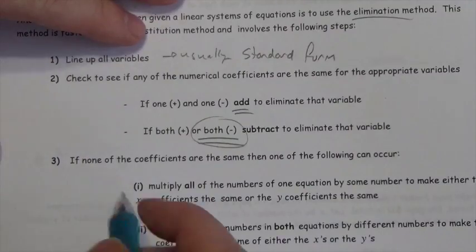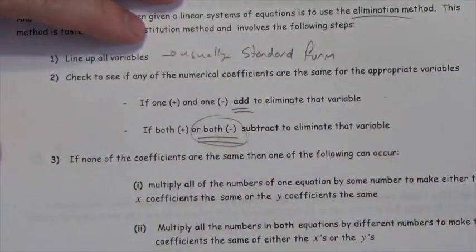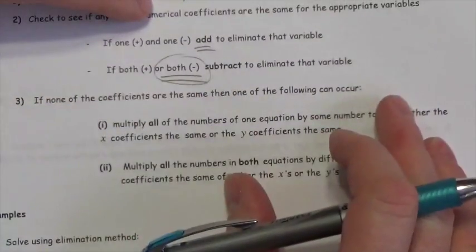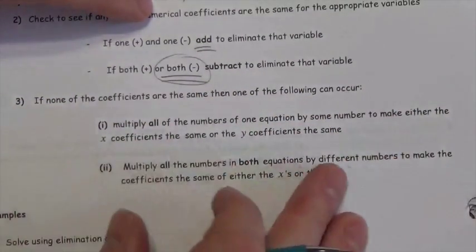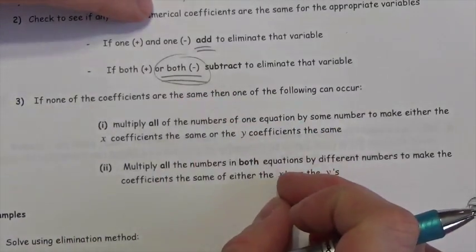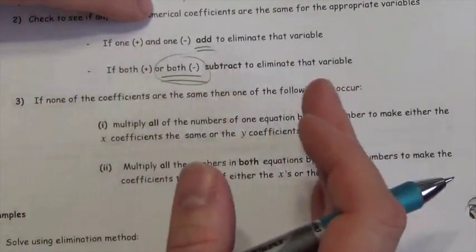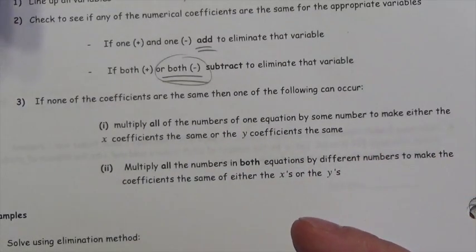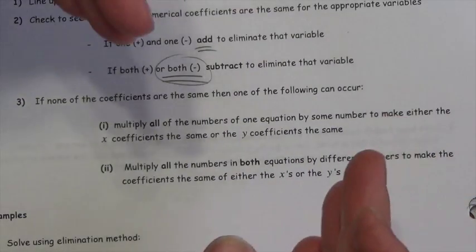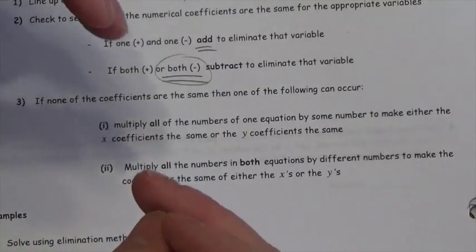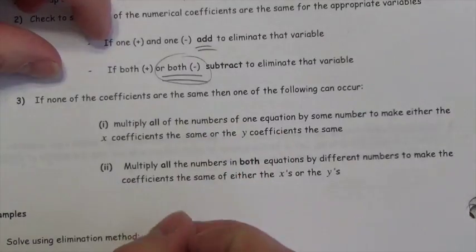Now, on the other hand, if none of the coefficients are the same, then we're going to alter the system, or at least the way it looks, by simply multiplying through by values that will make the coefficients of either the x or the y the same. Okay? Typically you want to choose the least common multiple between the two coefficients, because that's usually the easiest to work with.